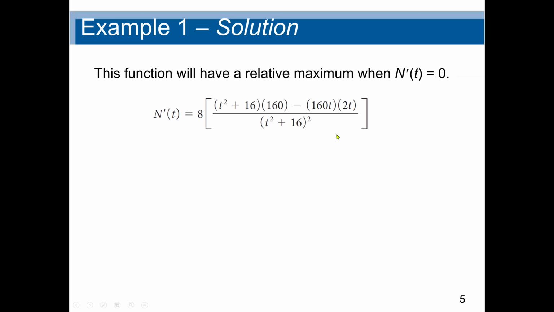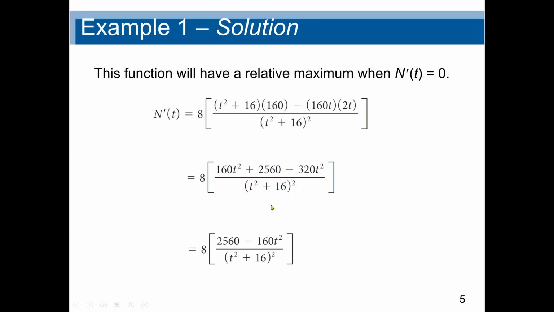We square the denominator, then we have the denominator multiplied by the derivative of the numerator, minus the derivative of the denominator multiplied by the numerator. The numerator is 160t. The derivative of it gives us 160 times t squared plus 16, minus the derivative of t squared plus 16, which gives 2t, times the numerator. Everything squared. Here we are going to simplify this expression, open the parentheses, combine the like terms, and this is what we get.